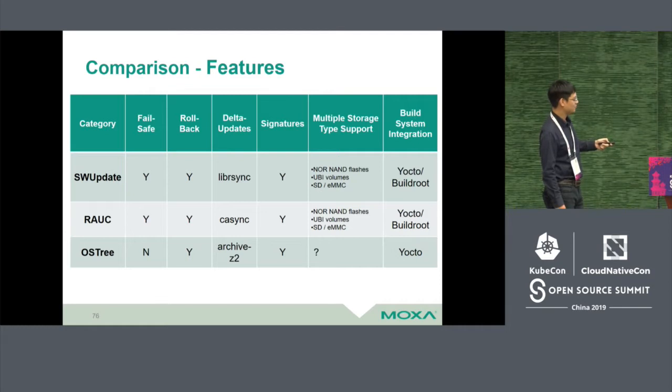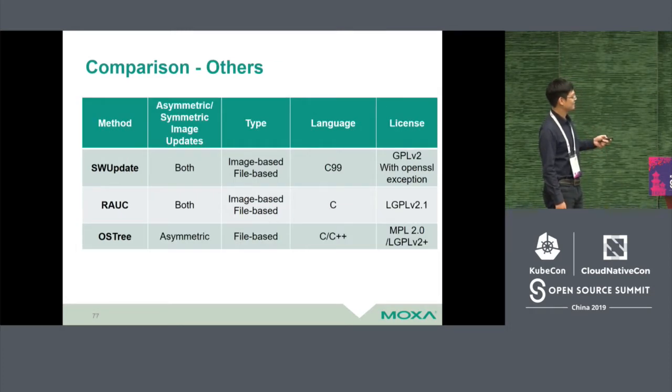For Yocto and Buildroot, in my experience, I use SWUpdate because it is very easy to use and suitable for embedded devices. So there are some comparisons with the others.